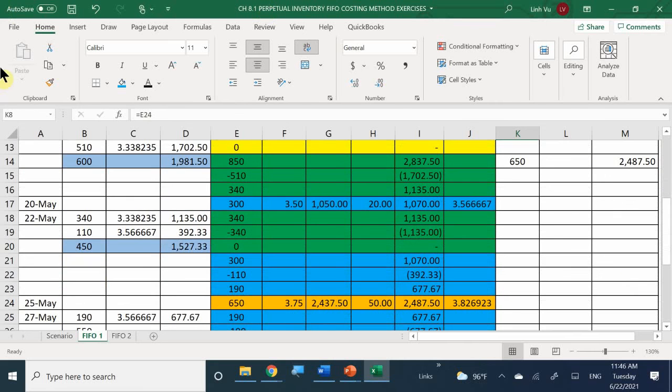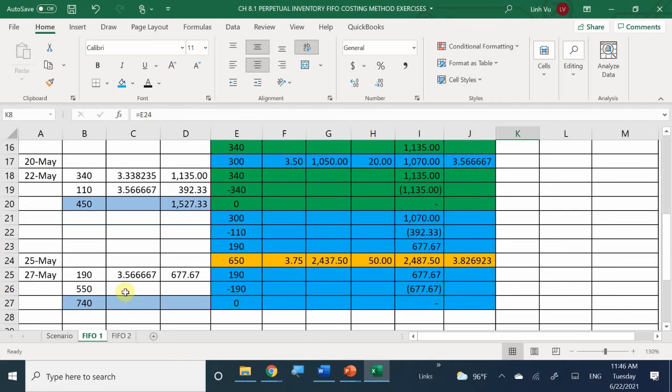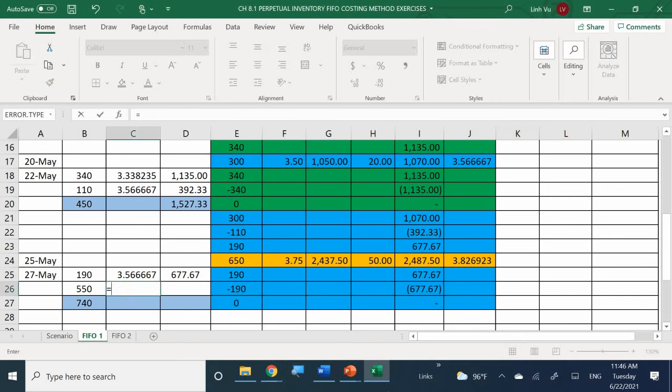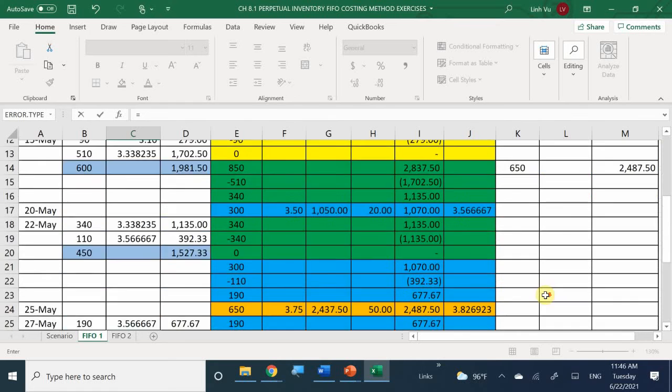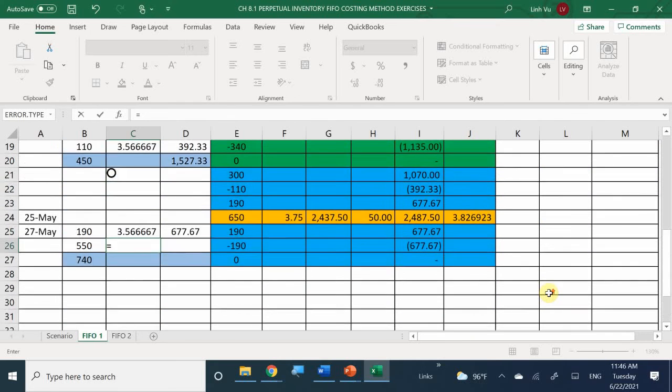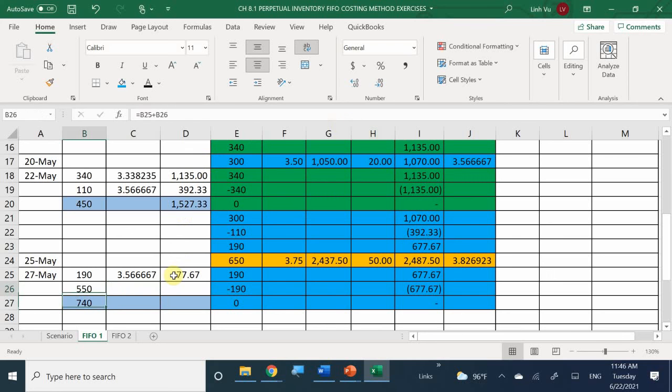But in this case, I actually ended up selling an additional 550 units. So, what's my cost per item for my orange batch? Wait. How did you get to the 550? My goal was I need to sell a total of 740 units. And I already got rid of 190.